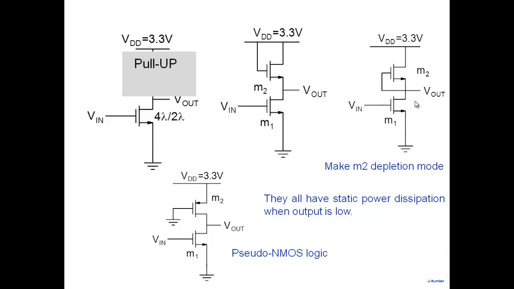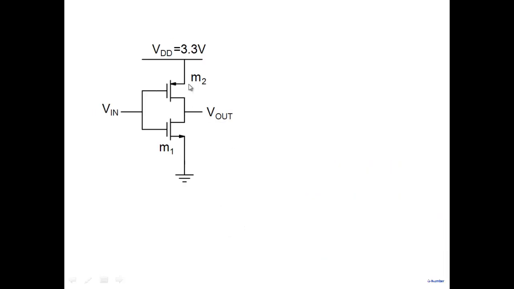It's like this one here, in some sense. We'll see why we call that. So the next one that we come to, we use a PMOS. So we are seeing that NMOSs don't give us very good options. Static power dissipation is not 0. You can try and use a PMOS like this, still static power dissipation is there. What about a PMOS which is connected in this particular manner?